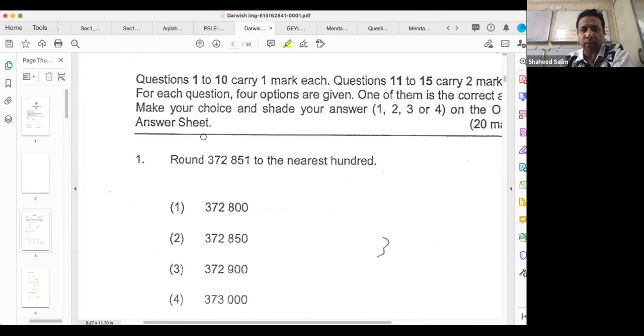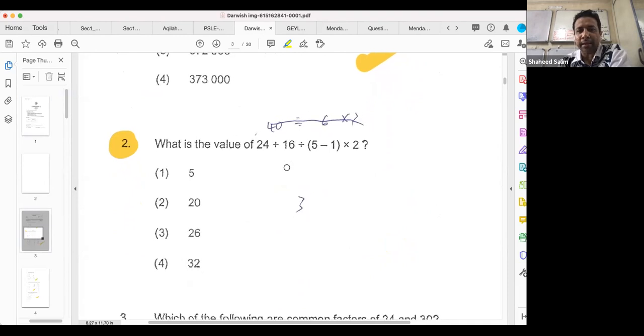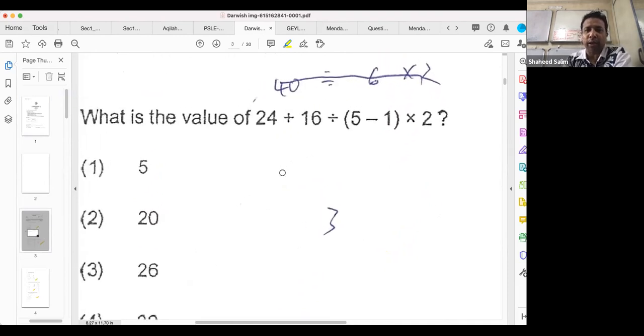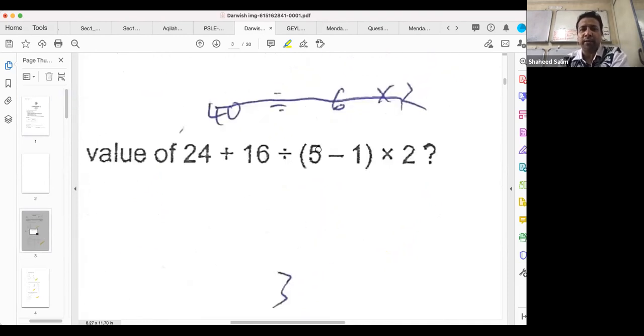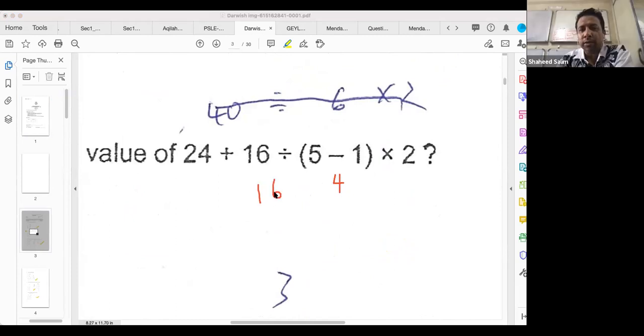So your first one, well done, correct. But your second one now. How do you do your second one? You tell me, step by step, what do you do first? Get the brackets. Okay, so you get 4 over here, right? And then after that, 5 times 2. Now you have 16 divided by 4 times 2.